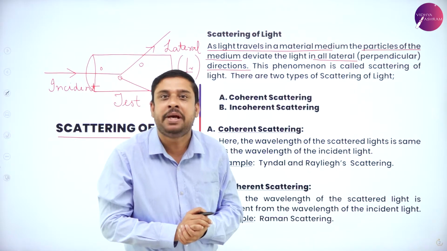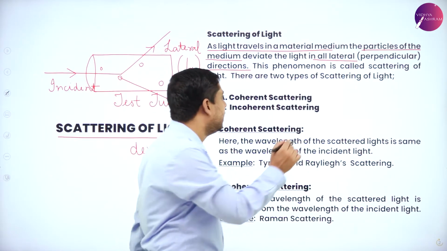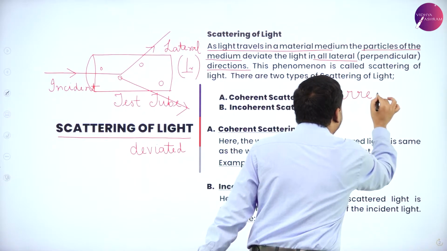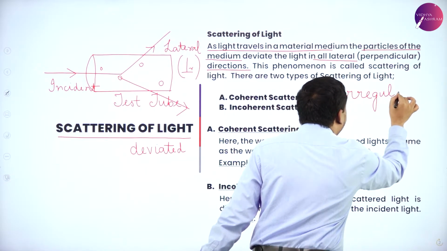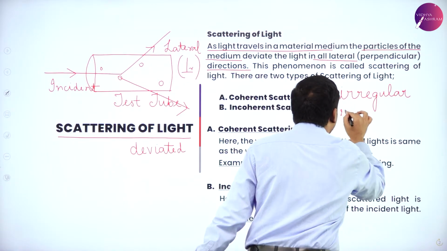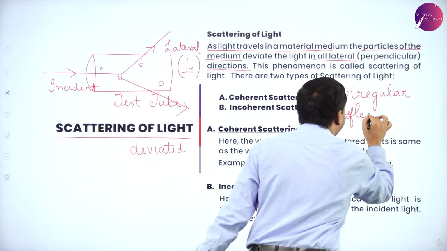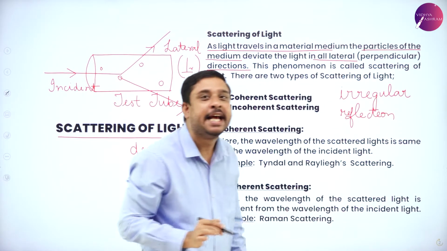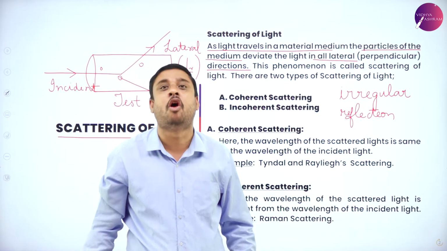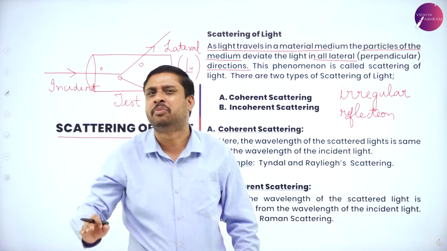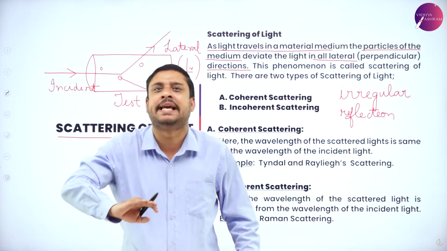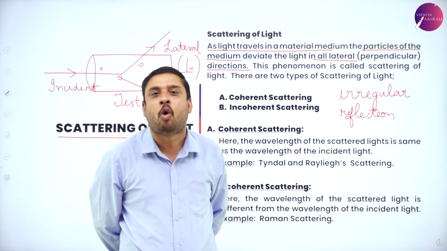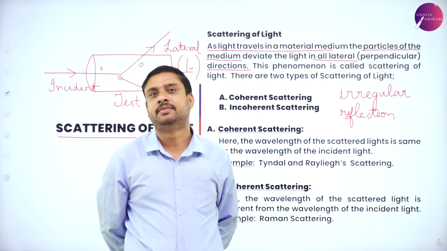The phenomenon of scattering is also called irregular reflection of light. It is called irregular reflection of light because sometimes partly the laws of reflection hold good here.